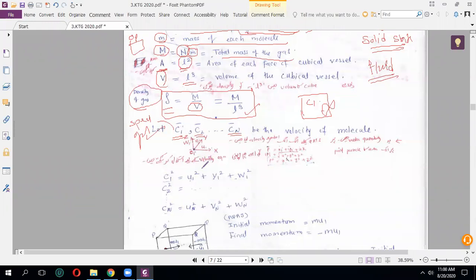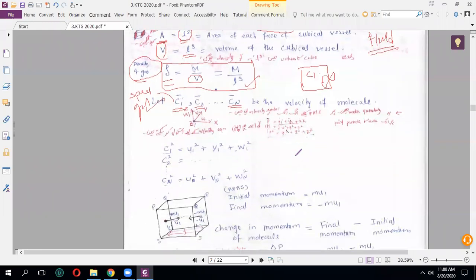Okay. Now we know the vector concept. What is the formula of a vector? Distance r square is equal to x square plus y square plus z square. This is the distance formula of a vector, correct? We apply this equation here because the speed of each gaseous particle is represented in three directions, correct?